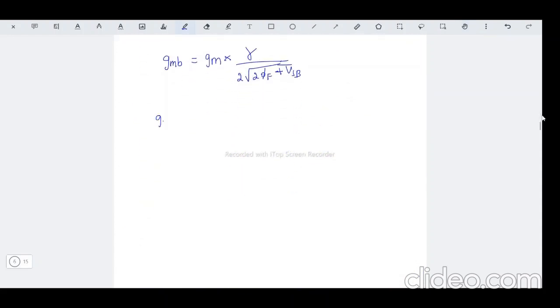So gm plus GMB is equal to 2ID divided by VOV. Just now we obtained GMB in terms of gm. So gm times gamma divided by 2 times root of (2 phi f plus VSB) is equal to 2ID divided by VOV.